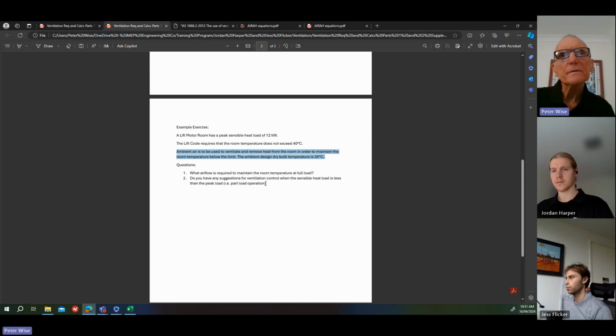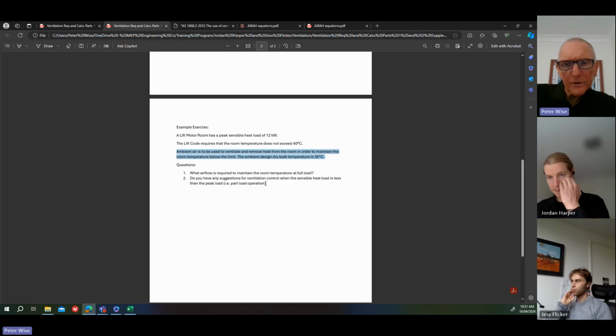Like we talked about with ventilation, you bring air in one side and you discharge it out the other if you can. That's cross-flow ventilation, which is what you're trying to achieve. You want to remove the heat from the motors, so you want the air to flow over the motors and then discharge out, if you can, at the opposite side of the room or through the roof. Usually a lift motor room sits up at the top, above the roof of a building, because it's a box on top.